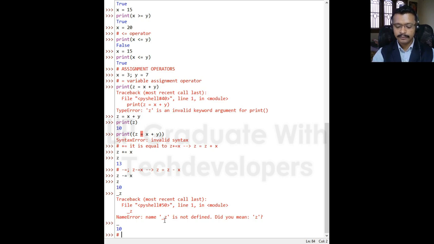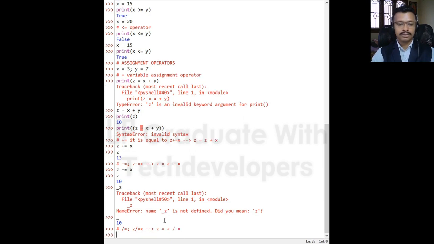So divide is equal to, means z divide is equal to x is equivalent to z is equal to z divided by x. So let us do that. z divide is equal to x.